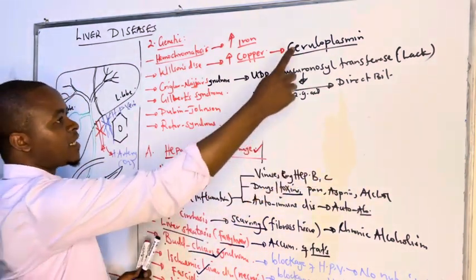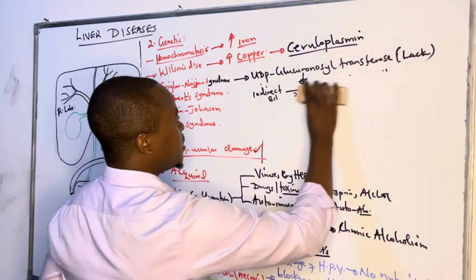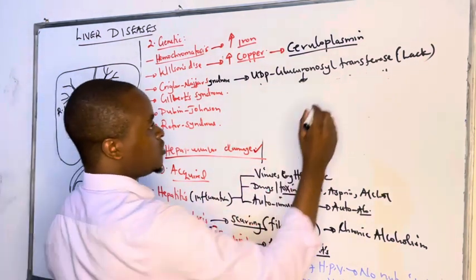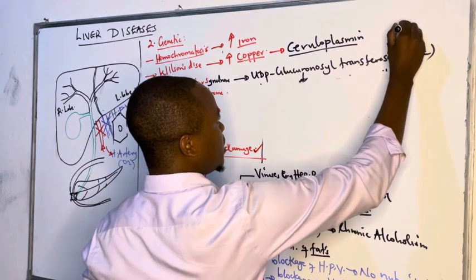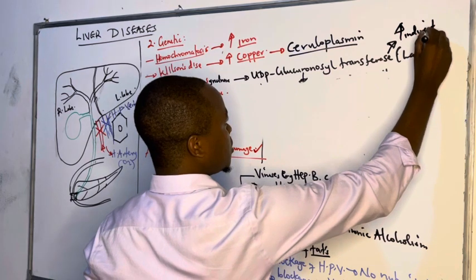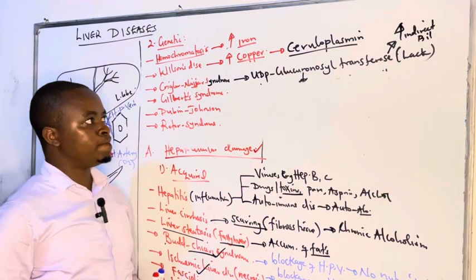So whenever you are lacking this enzyme, there is overaccumulation of indirect bilirubin, and you can confirm it by raised indirect or unconjugated bilirubin, what we call indirect hyperbilirubinemia.